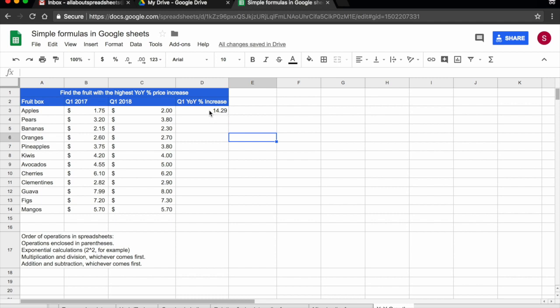Or another way I can do this, I can double click, I can remove the times 100. And instead, I'm going to come here to the format as percent. I'm going to click on it. And here I have it as a percentage.